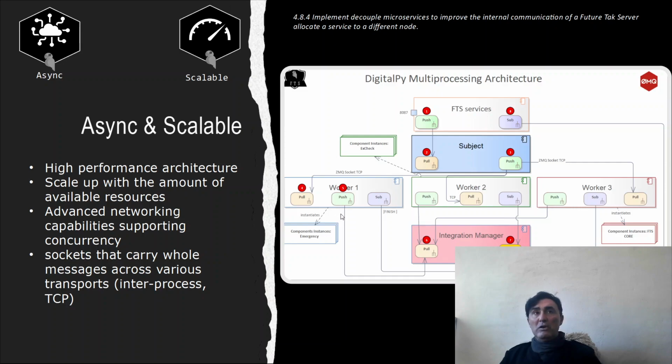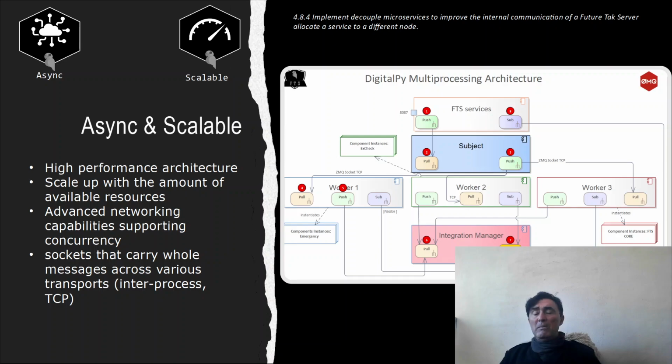So when a worker finishes its job, it will push the information to the integration manager. The integration manager will pull the information, then publish it to all the different pieces of the system that are subscribed to a certain type of message.